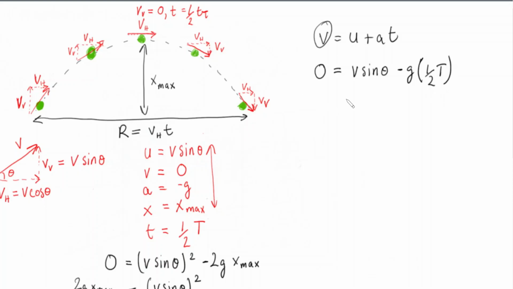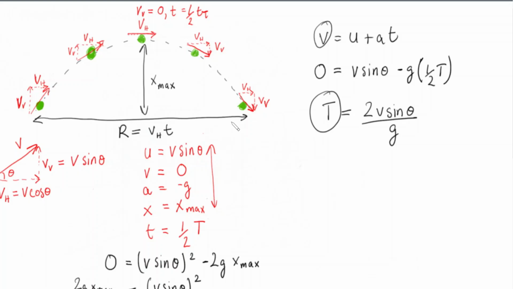And I can manipulate this equation to give us an expression for T such that T will be equal to 2v sine theta divided by g, where this will be the total time taken for the object in its flight path.